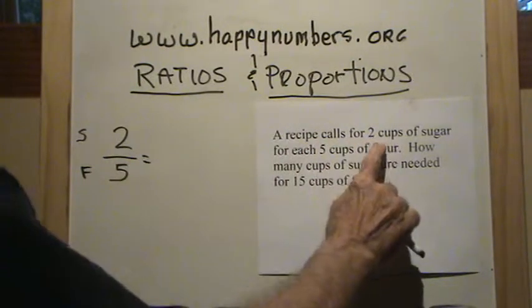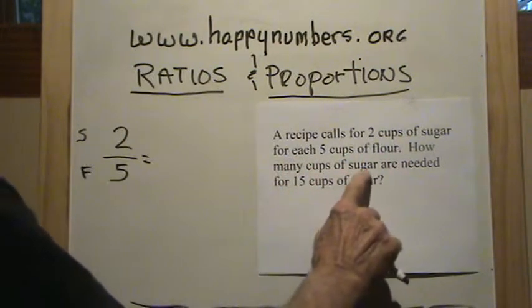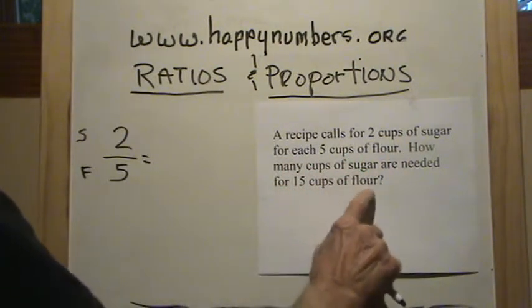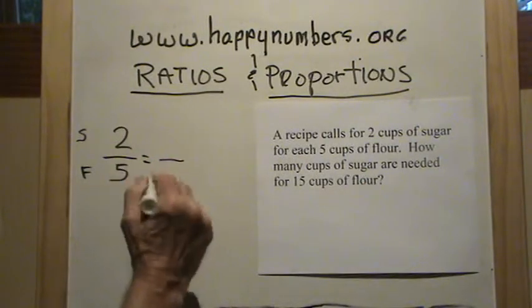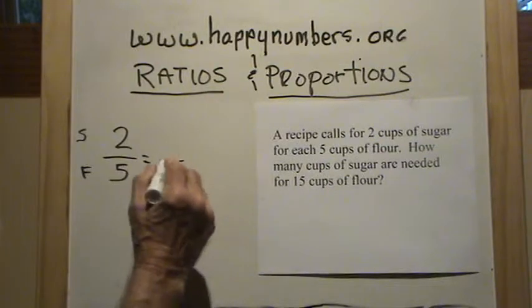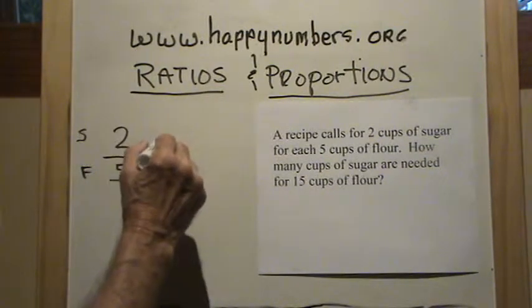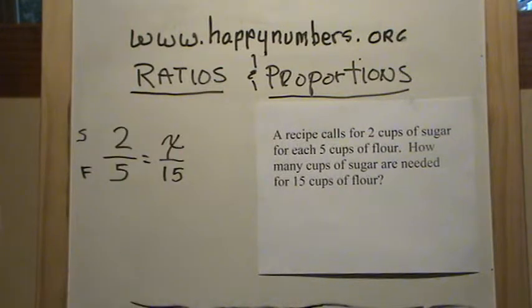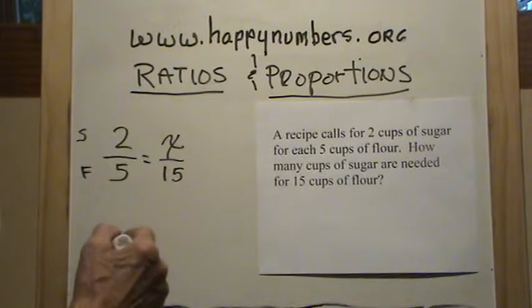How many cups of sugar are needed for 15 cups of flour? Flour is here, 15. So how many cups are we going to need? Let's let this be X. Well, now we have a proportion, and now we can solve for how many cups of sugar we're going to need.